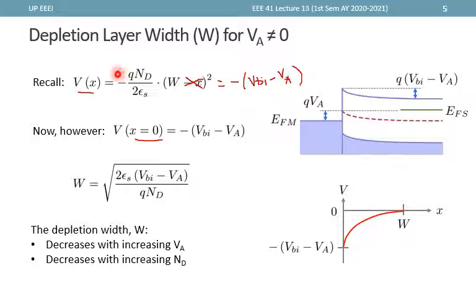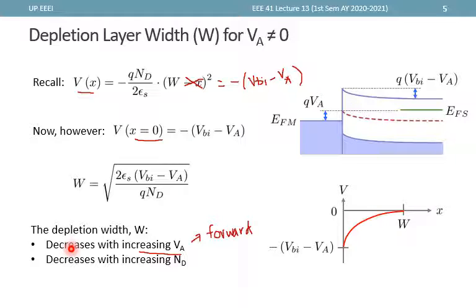And so we note that the depletion width W decreases when we increase VA. And note that when we increase VA, this is towards forward bias. So just like in our PN junction diodes, when we forward bias the device, the depletion region decreases.